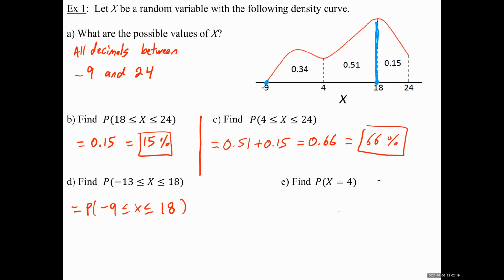And then you shade an area below what? The curve. Below this portion of the curve. So we're trying to find the area below the curve and above what? The x-axis.